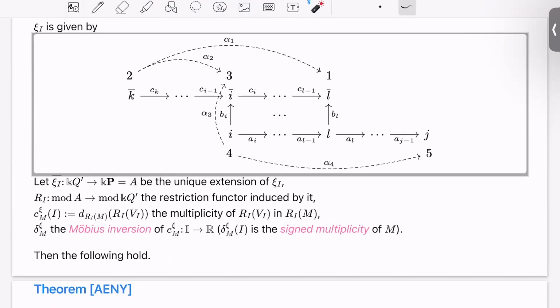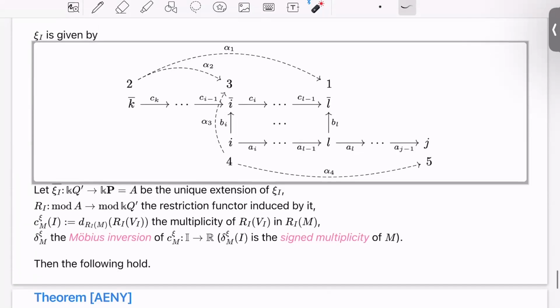And then, because we have this Xi, Xi induces a restriction functor from mod A to mod KP, because a module is nothing but a functor from A to mod K.